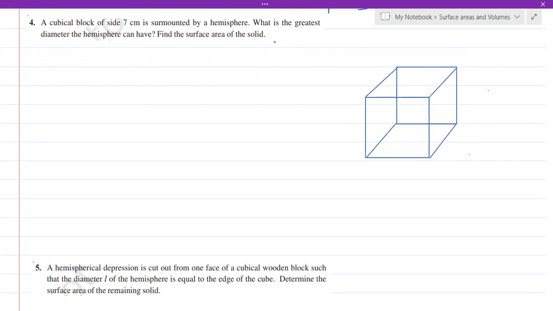So we have got a cube. On top of this cube, we are placing a hemisphere. What is the greatest diameter the hemisphere can have?